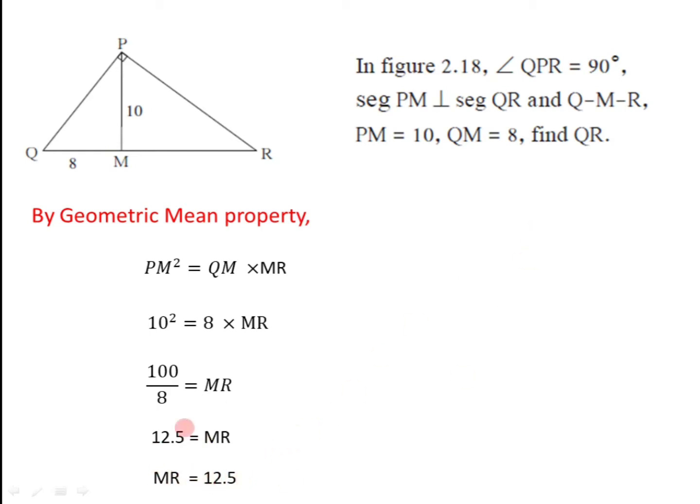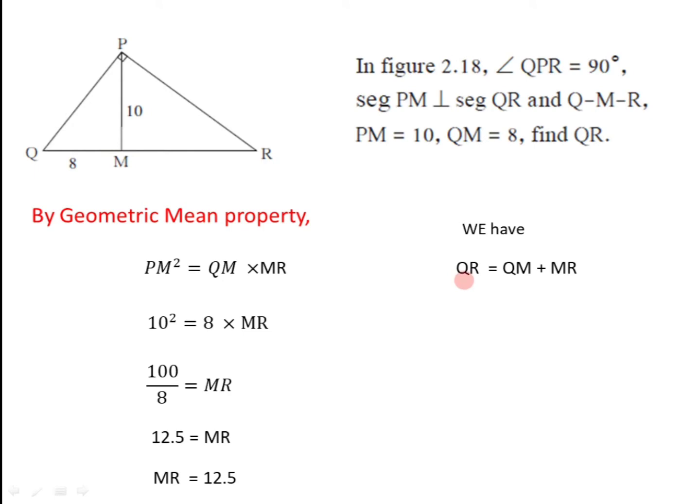Now but the question is, we have to find the length of QR. Now QR is nothing but the sum of two smaller segments, QM and MR. So to find QR, we should just add them. That is, we should add QM and MR to get QR. That is, QR is equal to QM plus MR, because it is given that Q-M-R, that means Q, M and R are collinear points.